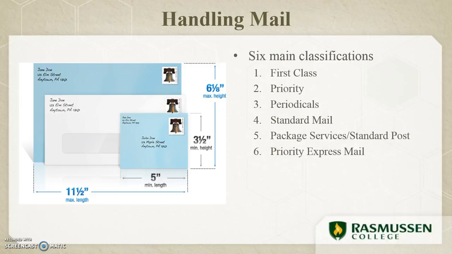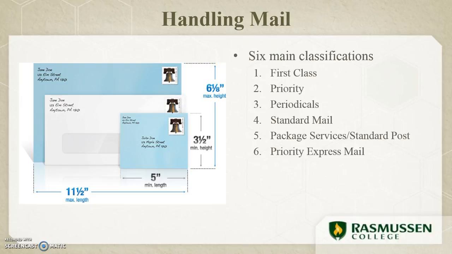Then what we have to figure out is mailing. Now, there are classes of mail that are designated by the USPS, or the United States Postal Service, according to weight, type, and destination. Mail is always weighed in ounces and pounds.